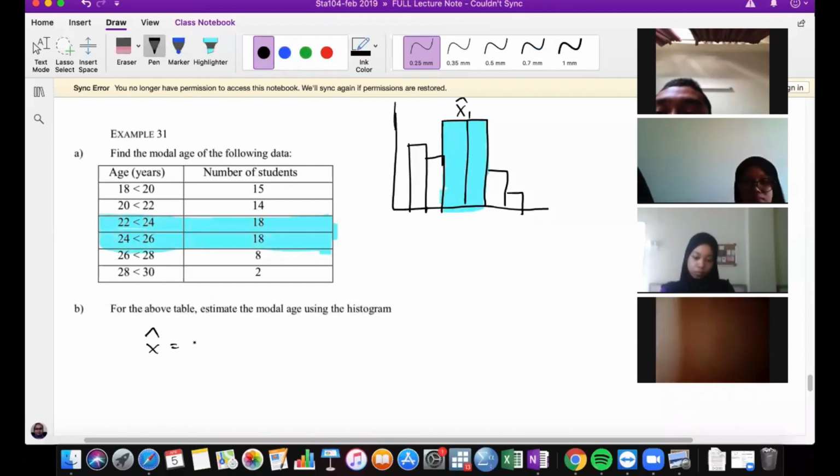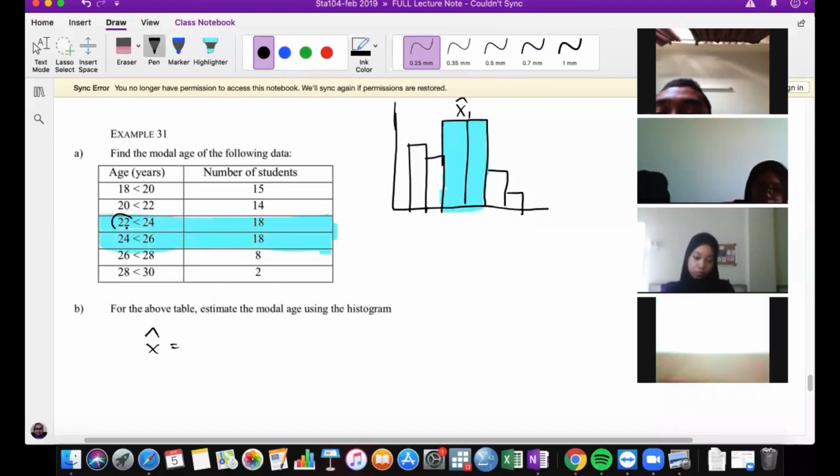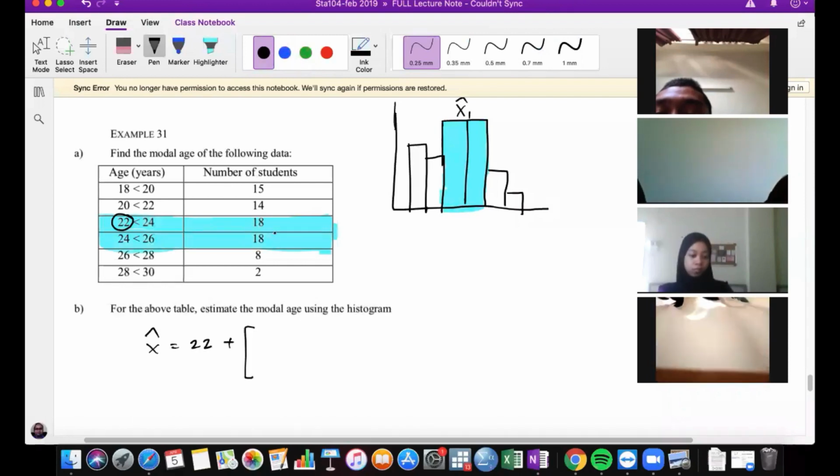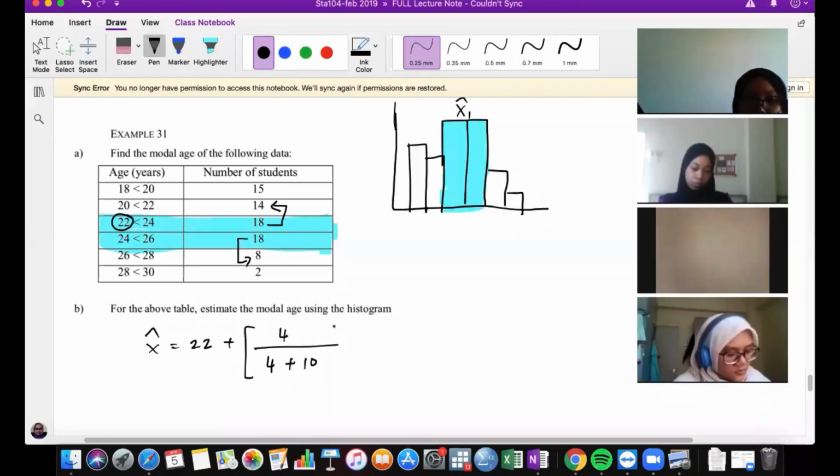Now to calculate the mode, the lower class boundary is 22 plus the frequency of the model class minus the frequency before the model class, 18 minus 14 equal to 4, divided by 4 plus the frequency of the model class minus the frequency after the model class, 18 minus 8, which is equal to 10.